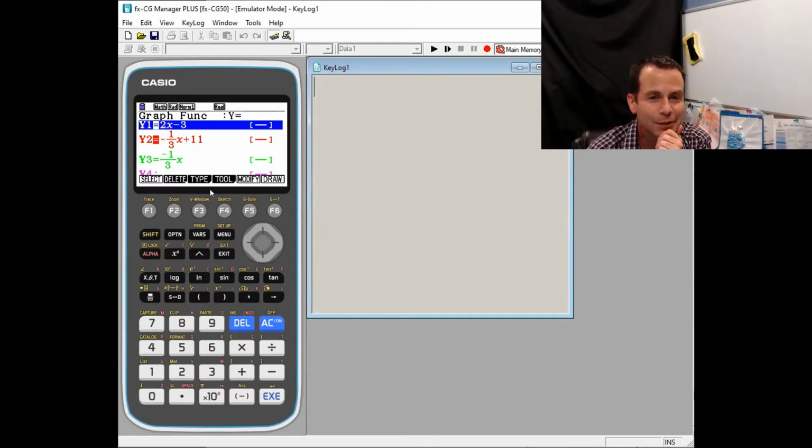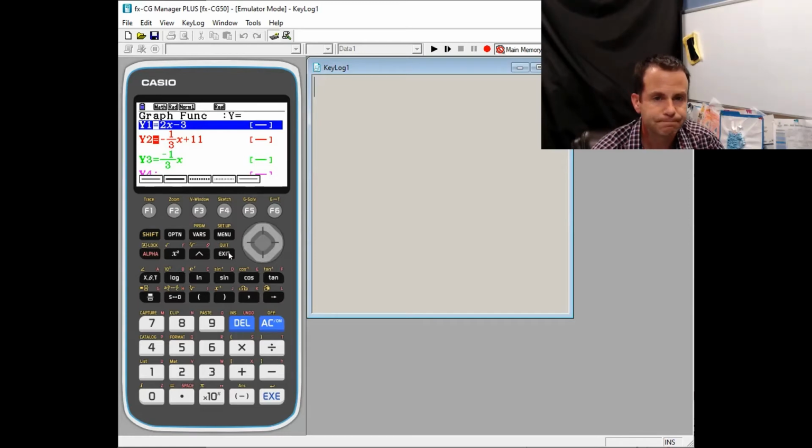On a Casio, you'd go to Tool, which is F4, and then choose Style. You see F1 is your thin line, which is the default. You could change one of them to a thick line by pressing F2, and then you could compare on your graph a thick line versus a thin line.